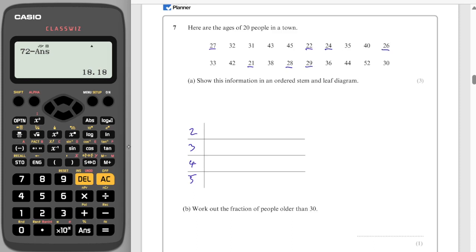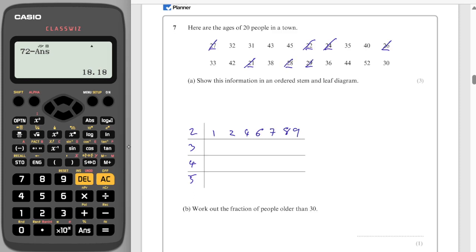Then I'm going to put these in size order. So 1 is the smallest. I've then got a 2 and a 4. I've then got a 6, 7, 8, 9. So that's all my values that start with 20.